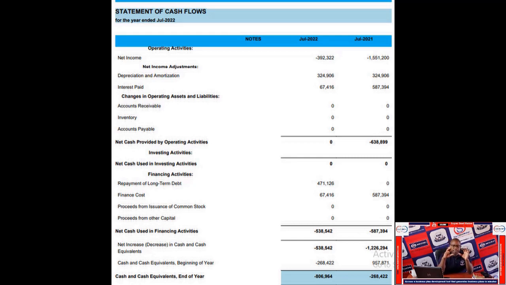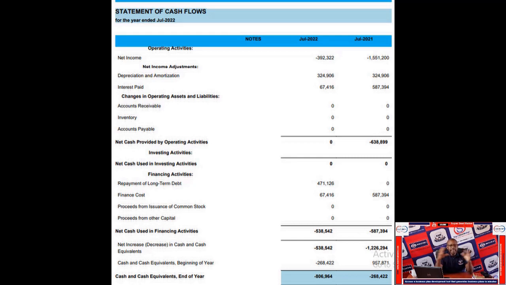So the first part of the cash flow wants to see the income that you're generating from your operations, which is the cash flow from operating activities. It shows you how much you have generated from your operating activities.